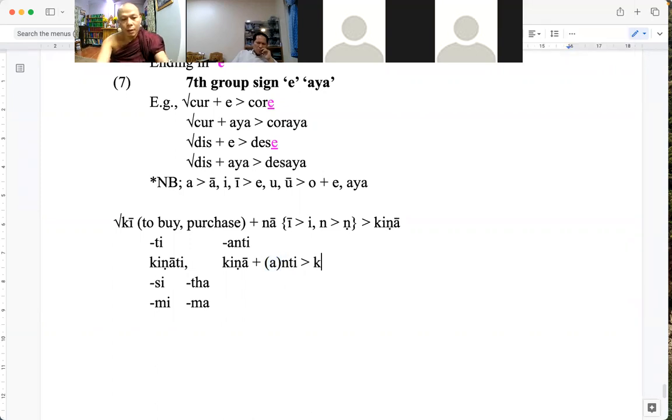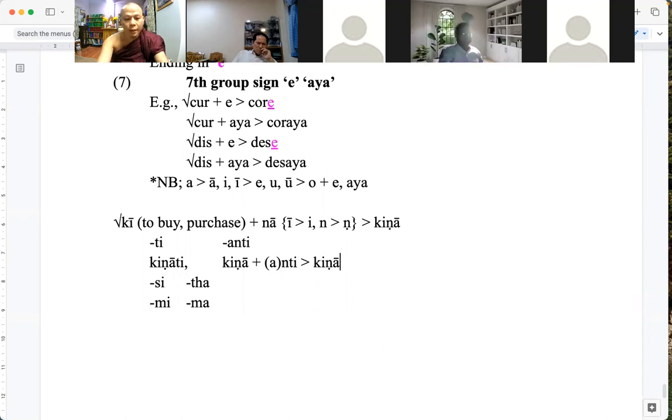So that is why here in kina, a is dropped, so kinanti. And then here is a double consonant. Before the double consonant, a long vowel also becomes short. So that is why finally we have kinanti. Maybe we may be confused, maybe a is dropped. Actually, systematically, logically, not like that. Because later, when we see the other forms, at that point we can understand.